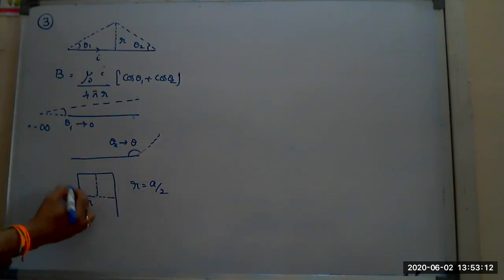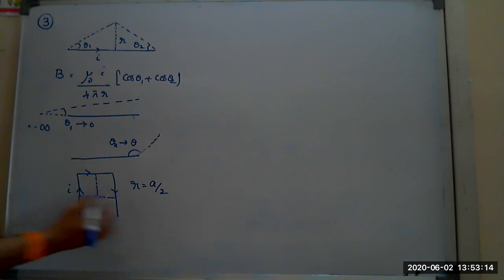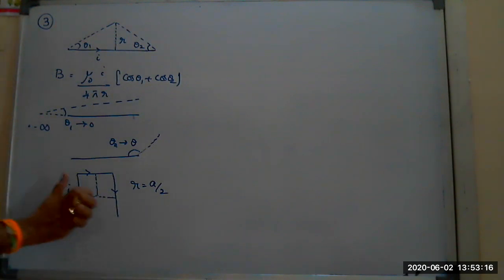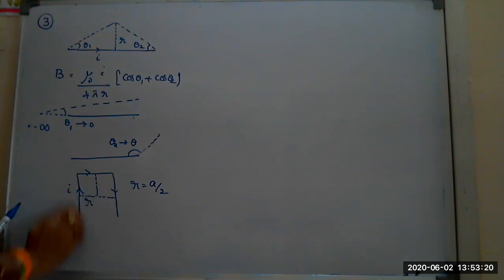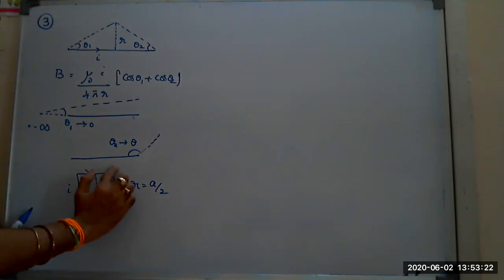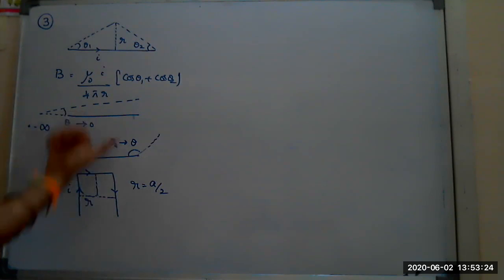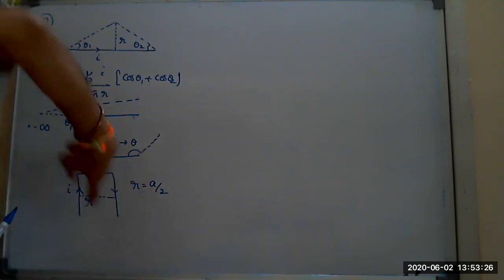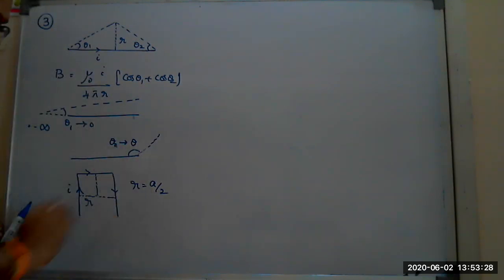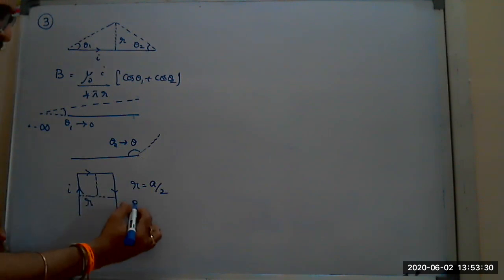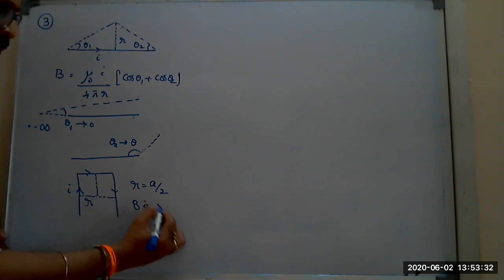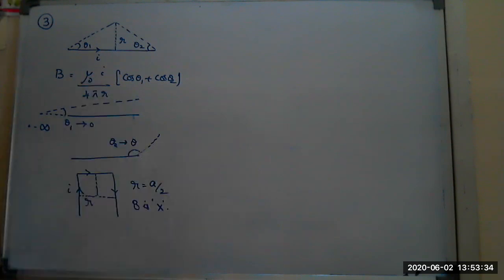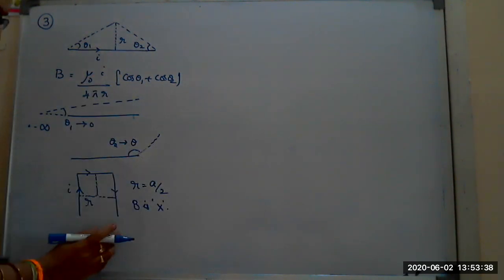And here suppose the current is flowing, that current is producing the magnetic field at the center into the plane. That's why due to this part, second part and third part, the magnetic field will be into only. So B is into, I have to take, into the plane of the board.